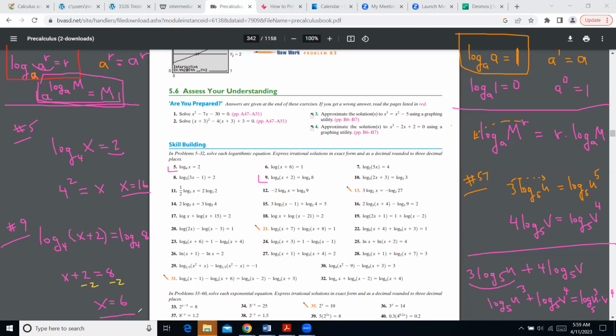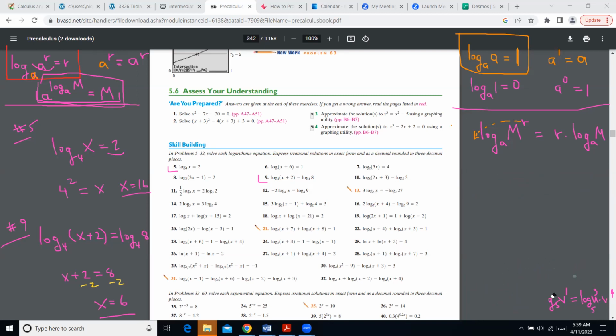So the key part is to get rid of those logarithms. And that's the idea of all of the exercises that we have in these sections. So when I have logarithm on one side equal to the logarithm on the other side, that's the result.